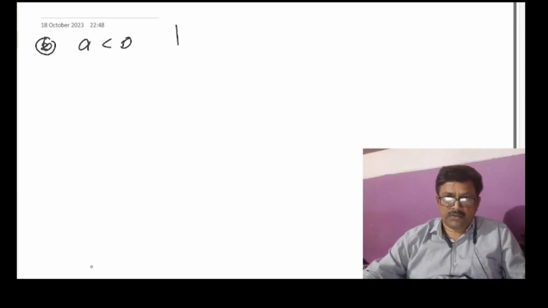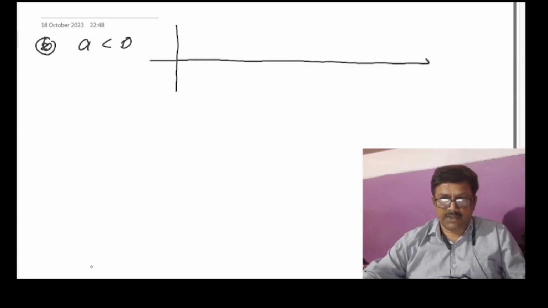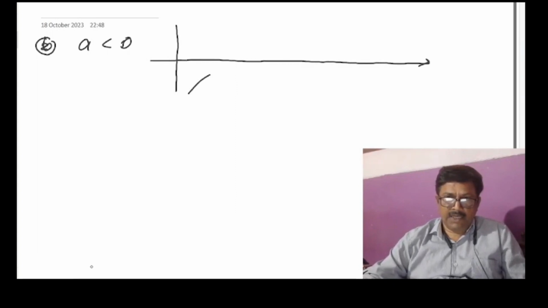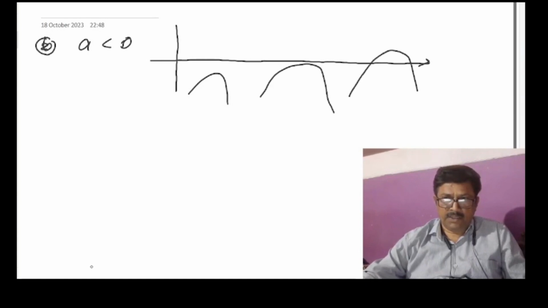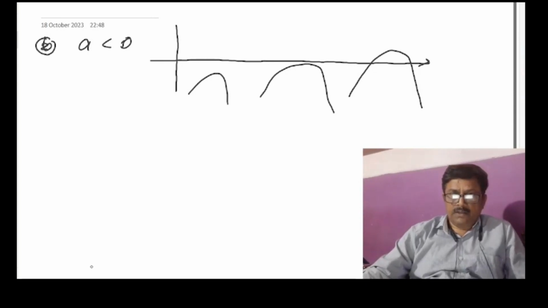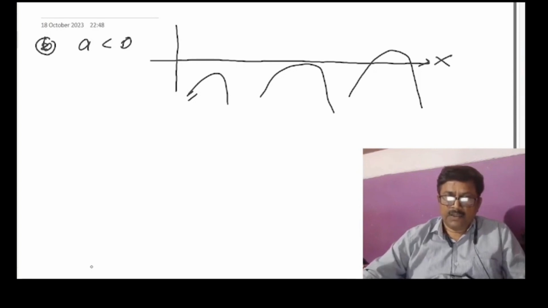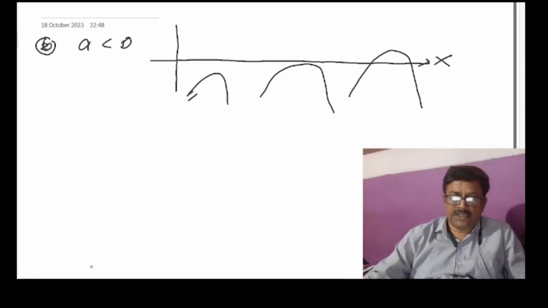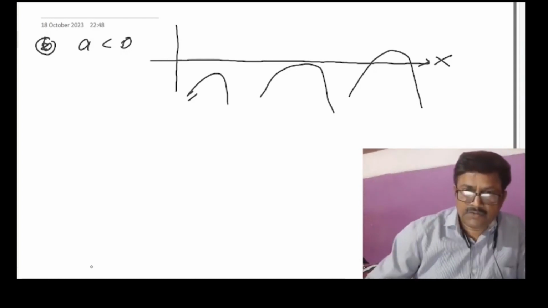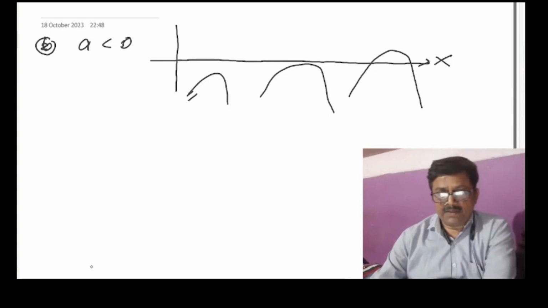So the graph of this quadratic may be like this, or like this one, or like this one. The graph may not cut the x-axis, may cut the x-axis at one point, may cut the x-axis at 2 points, but the opening will be downward because a is negative. So this was our first concept.